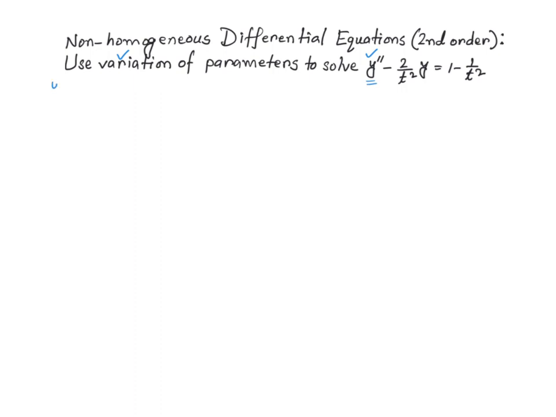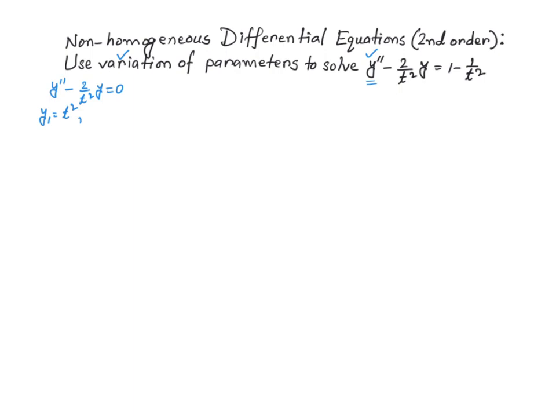The homogeneous portion is y double prime minus 2 over t squared times y is equal to 0. Interestingly, note that the solution to this differential equation is y1 equals t squared. You can check it. If you take the double prime, y1 double prime, you'll get 2, and then you plug in y, you'll get 0.